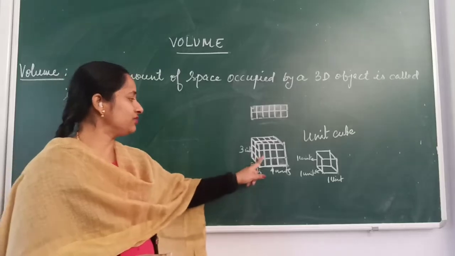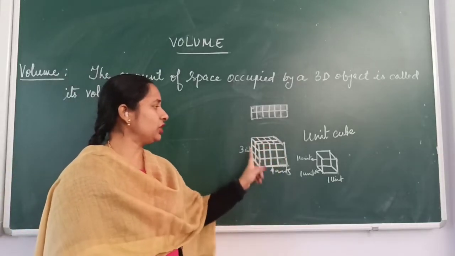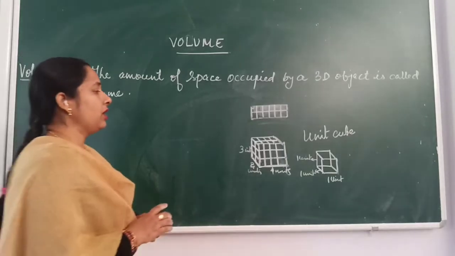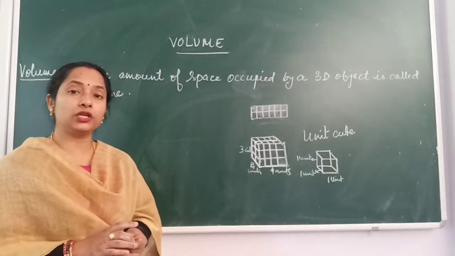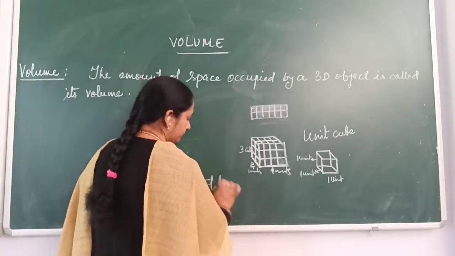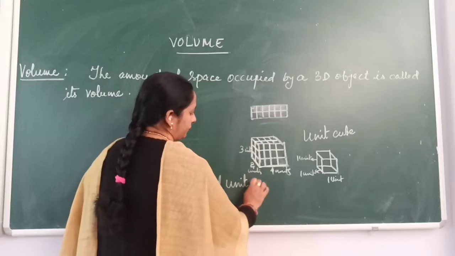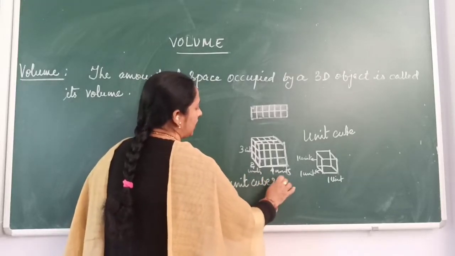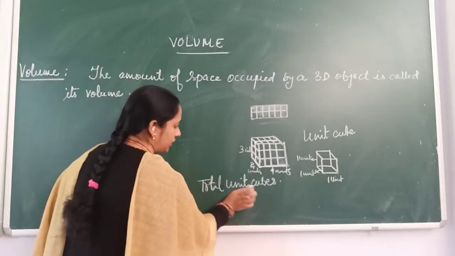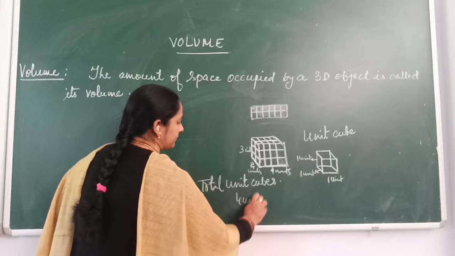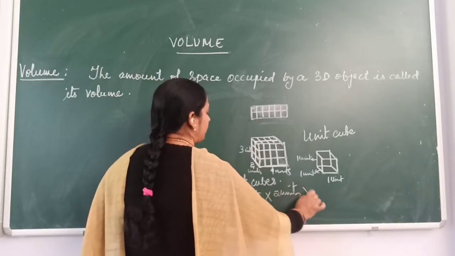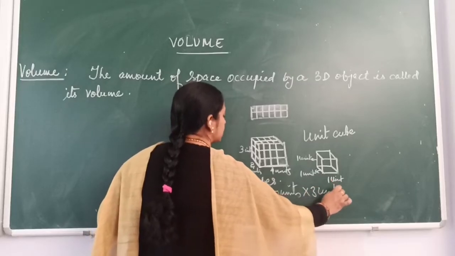Right? Now as we have divided this cuboid into an equal number of unit cubes, how will you find the total number of unit cubes? The total unit cubes in the given cuboid are the length, 4 units, multiplied by 2 units, multiplied by 3 units.